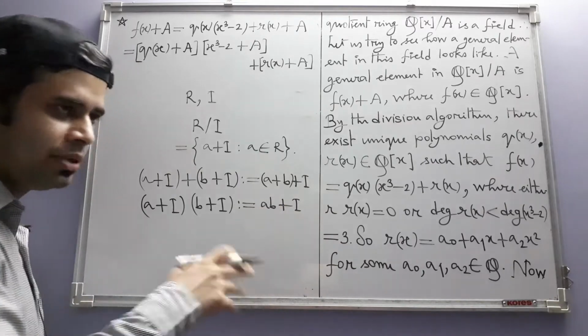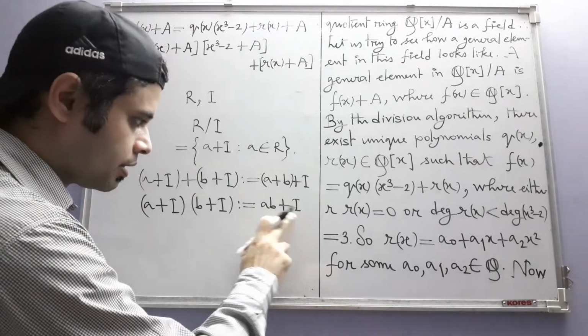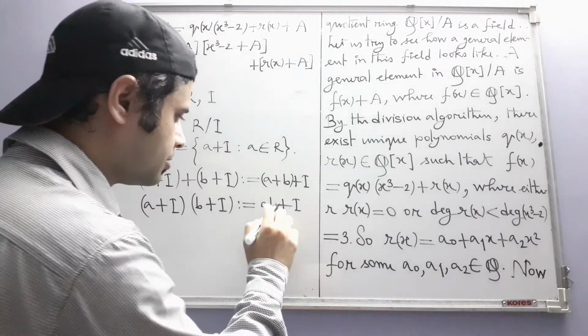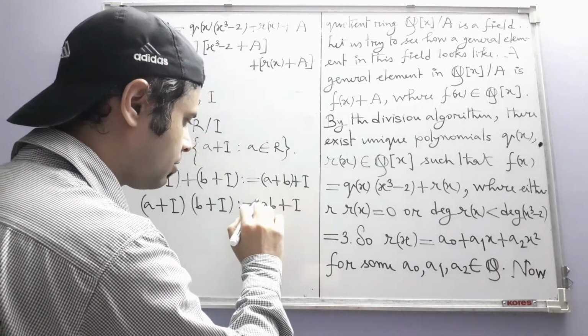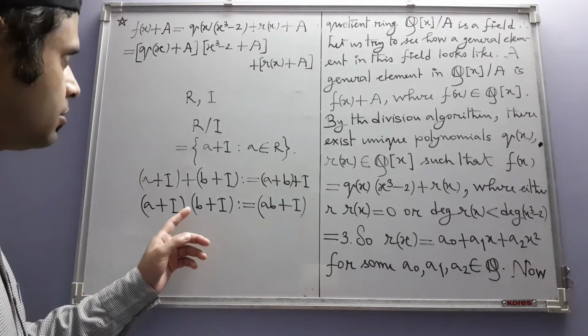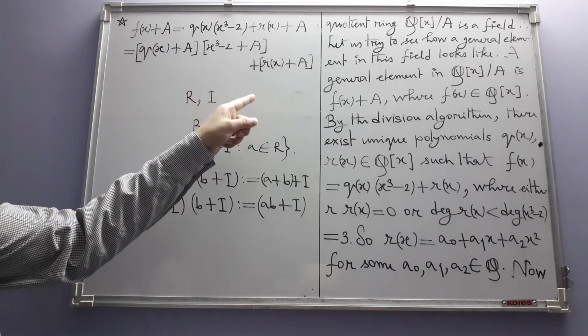Don't write ab times I, okay? The thing that we are getting on the right hand side has to be a coset of I. So we need to maintain the operation with respect to which we are considering the coset. So that's what we have done here.